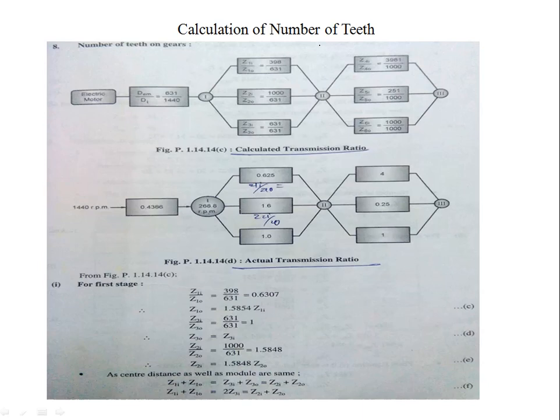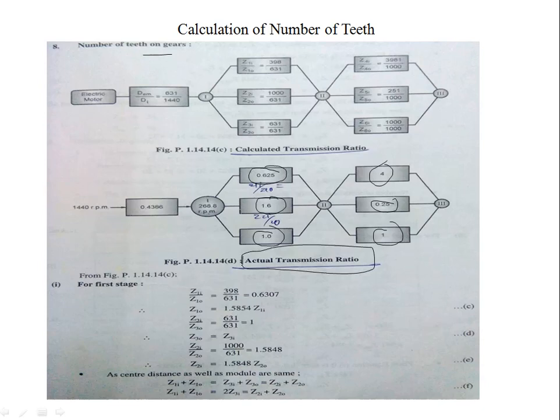Again, we will calculate the number of teeth. We will put that particular number of teeth and revise those values. Suppose we round up that number of teeth, we will revise the values of the speed ratio, particularly for the third stage. Then we will find the actual transmission ratio.